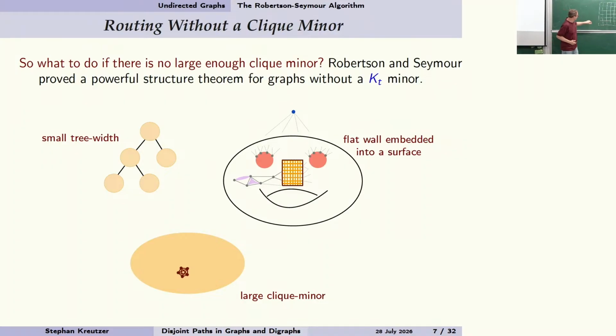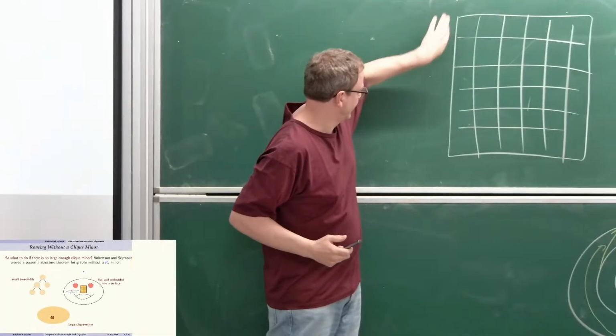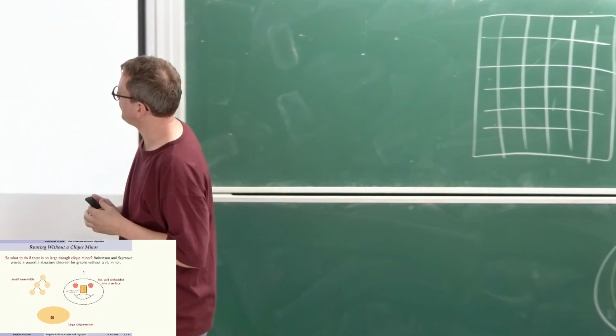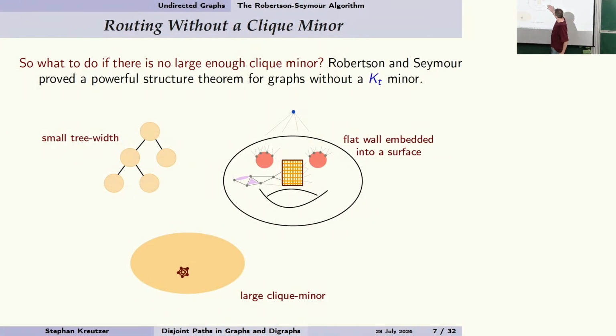It's a graph like this, so we have vertices and all these crosses, and then the edges containing it. And this is flat. It's called the flat wall theorem, or the flat wall, meaning the rest of the graph attaches nicely to the grid. So if you want to move from outside the grid towards the grid, you have to go through its outer cycle.